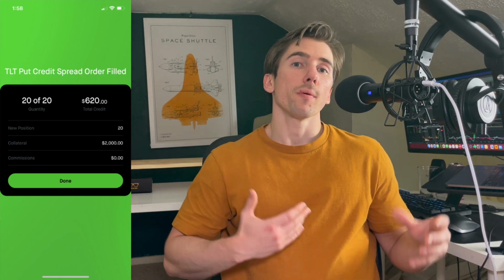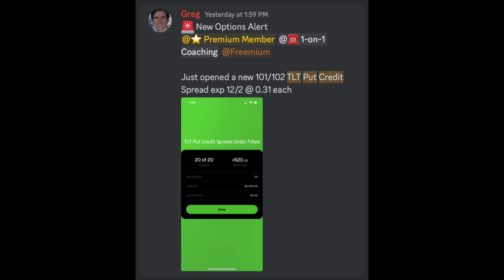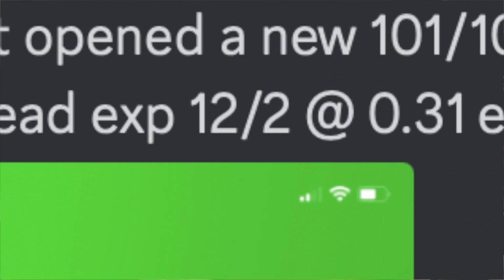So I ended up opening a put credit spread, assuming that TLT would stay above where it was today. So my expiration date is set for this Friday, and I'm assuming that TLT is going to stay above $102. And I figured that this trade was worth around $600 to $700. So I set my risk accordingly.